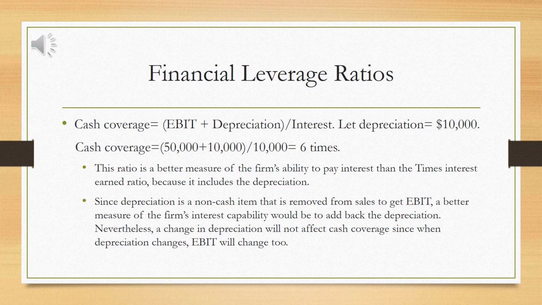Since depreciation is a non-cash item that is removed from sales to get earning before interest and tax, a better measure of the firm's interest capability would be to add back the depreciation. Nevertheless, a change in depreciation will not affect cash coverage, since when depreciation changes, earnings before interest and tax will change too.